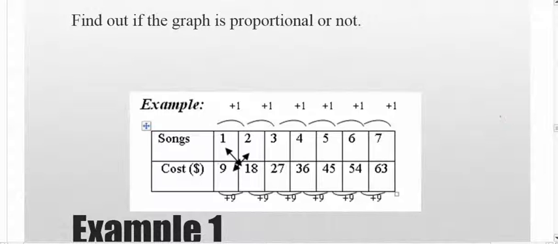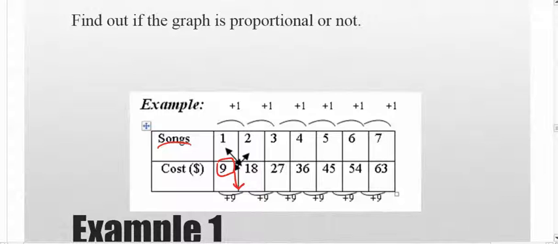So because the number starts out with 9, and then you keep adding 9, that just proves that it's proportional already, because 9 plus 9 equals 18, 18 plus 9 equals 27, and it goes on. So the number of songs is at a constant pace, and so is the cost of the item.